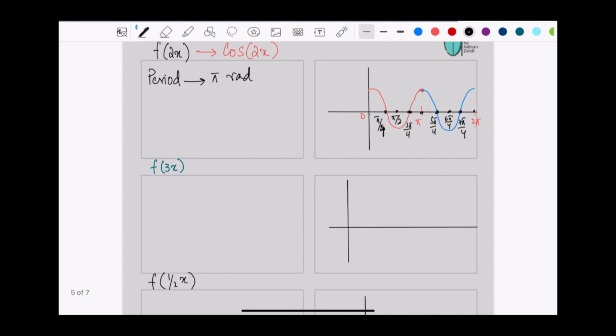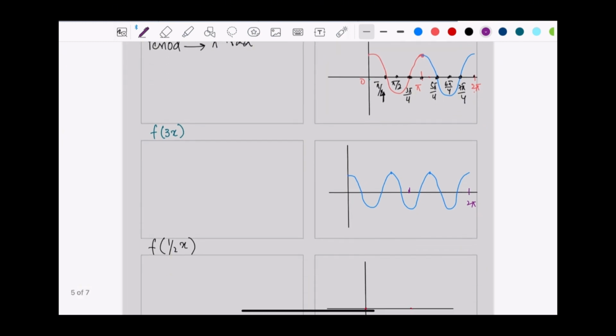Same goes for f of 3x, which means the region where there was supposed to be only one wave is now going to have 3 waves completing in it. So it's going to be 3 waves here, where this represents 2 pi, half of it is somewhere here, but I'll stick to the principle that we started taking.